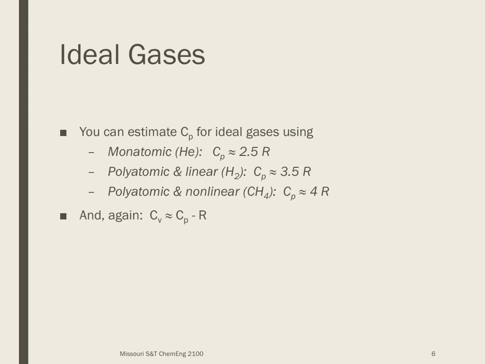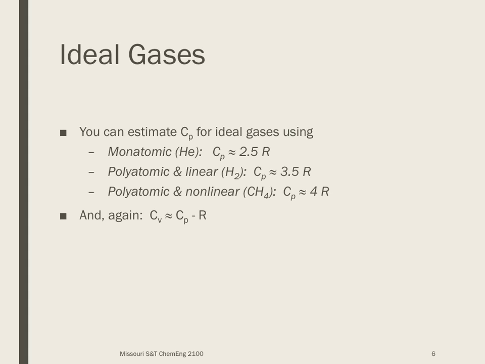So for ideal gases. Ideal gases are, again, not real, but they are predictable and they are useful estimates. One thing that is frequently done for many ideal gases is to use some very simple-minded estimates. These are based on the molecular structure.